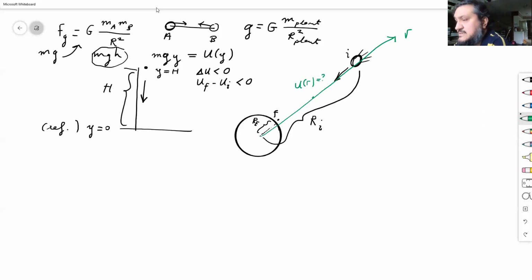All right, to address this, let's remember how we came up with this mgy in the first place when we did work and energy. So one thing to do, as a starting point, would be to calculate how much work was done by gravity as the object is falling down.